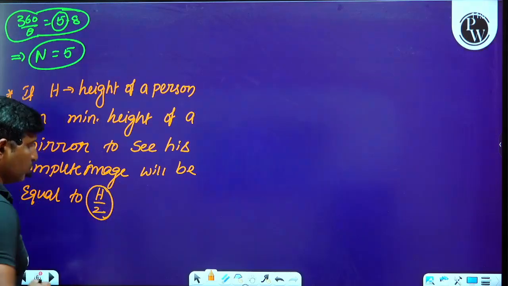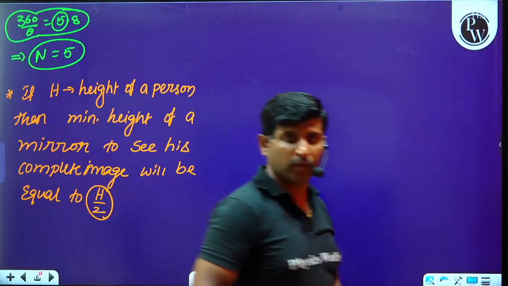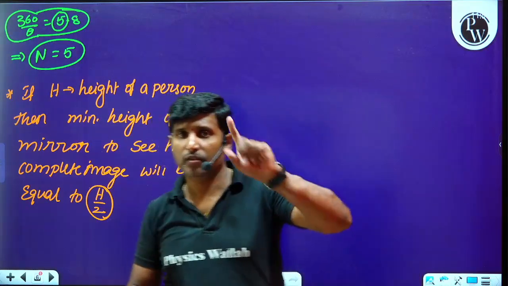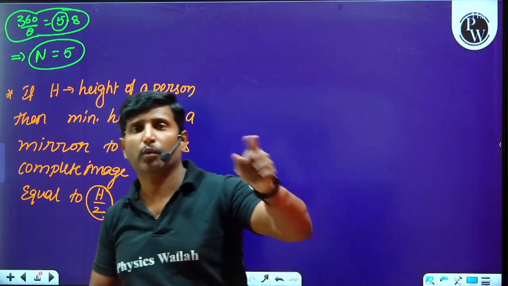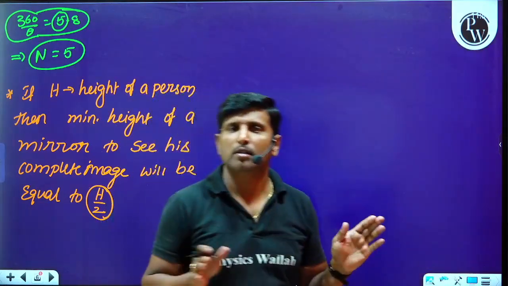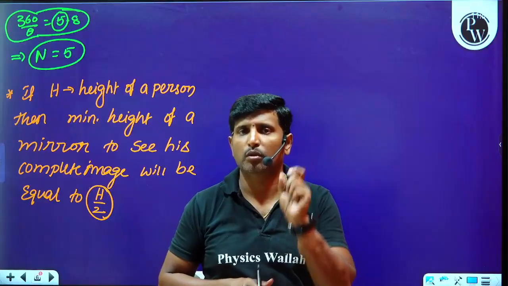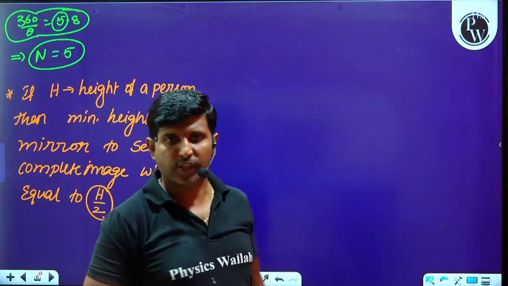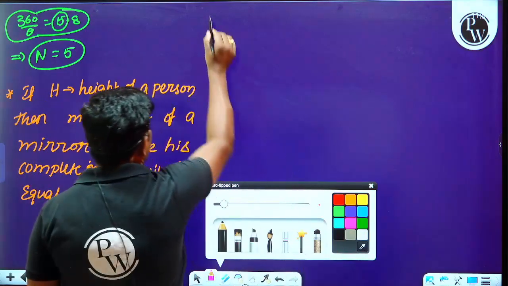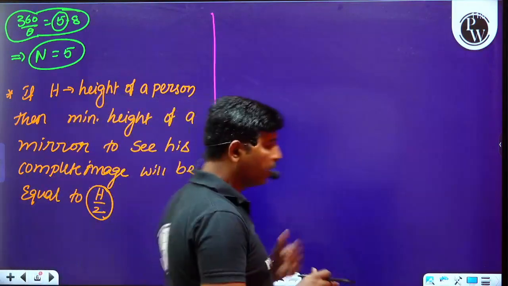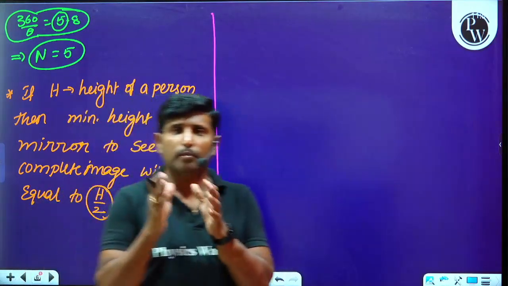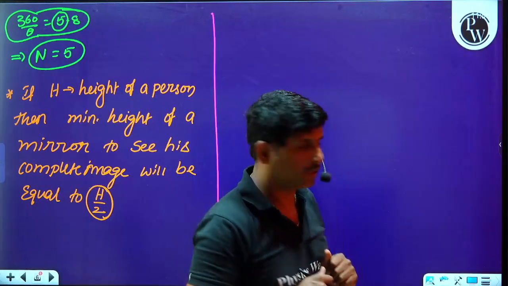Capital H is the height of the person. Then what should be the minimum height of the mirror so that he can see his complete image? It should be equal to capital H divided by 2. There is a proof for this, but no one will ask the proof. We have to learn only the conclusion statement, that is capital H by 2. Okay. I hope it is clear to you. These are all the points we have to learn from the concept of plane mirrors.